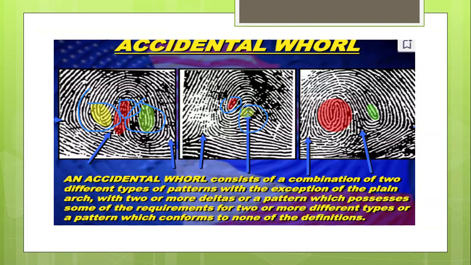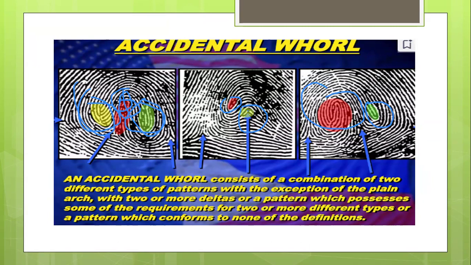It is not a plain arch. Two patterns. We said earlier, two or more. This is a double loop and this is a loop. Earlier this was still a double loop and there is also a loop pattern. So a combination of two patterns, or two or more. It is not only two patterns; it can be two or more patterns.